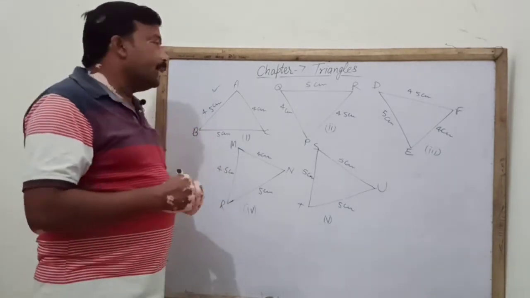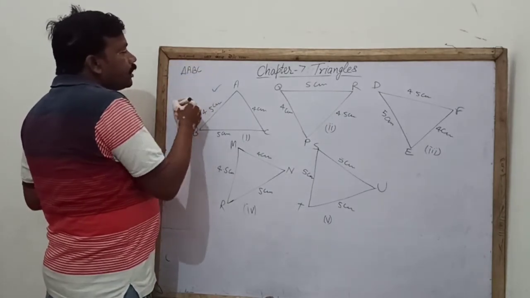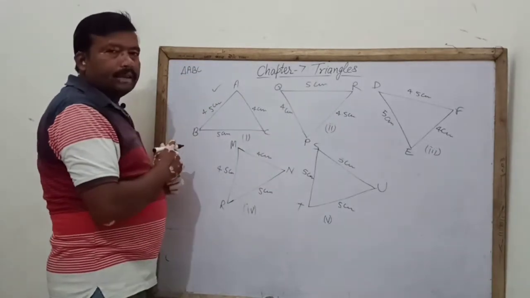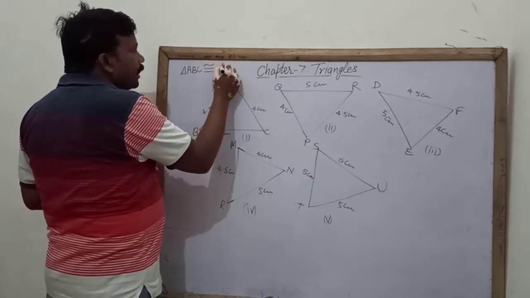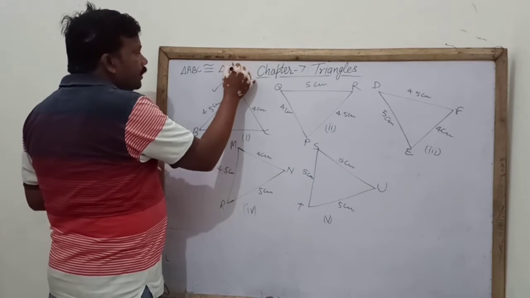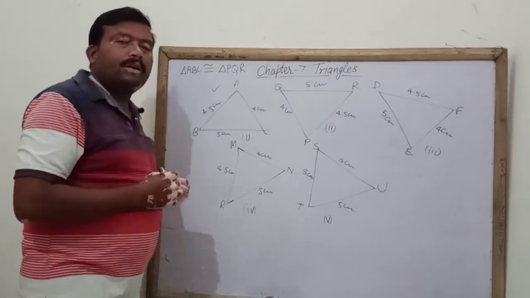We can write congruent triangles like this: if triangle ABC is congruent with triangle PQR, we can write it as triangle ABC is congruent to triangle PQR.